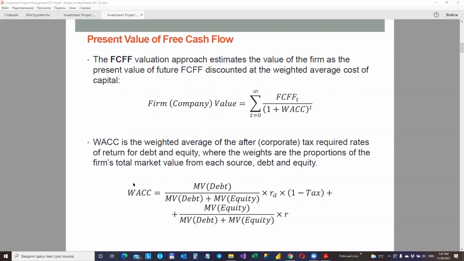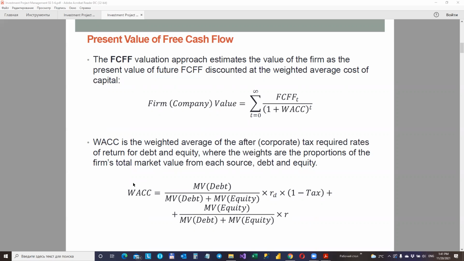Weighted average cost of capital is the weighted average of the after corporate tax required rates of return for debt and equity, where the weights are the proportion of the firm's total market value from each source, debt and equity, or just in the case of project finance, the proportion of finance provided via equity or via debt.